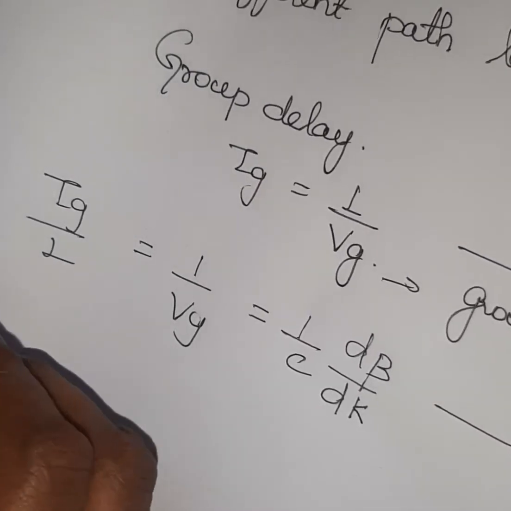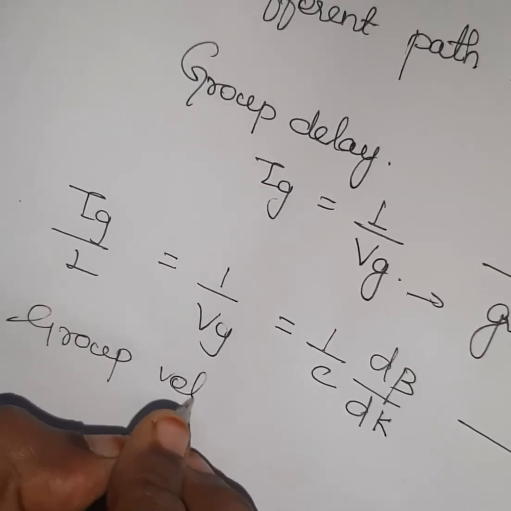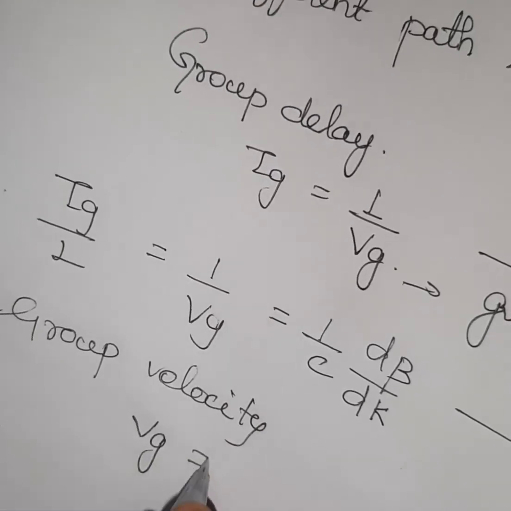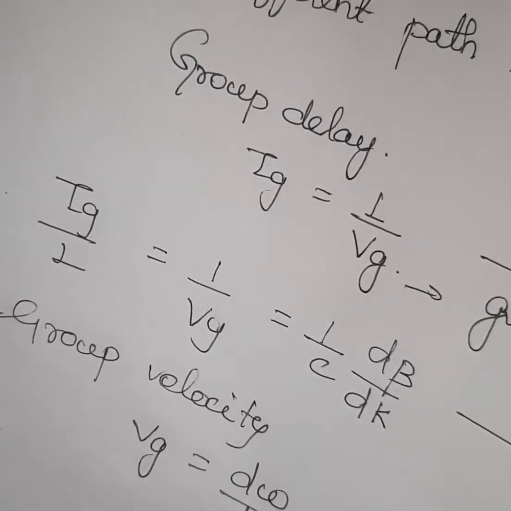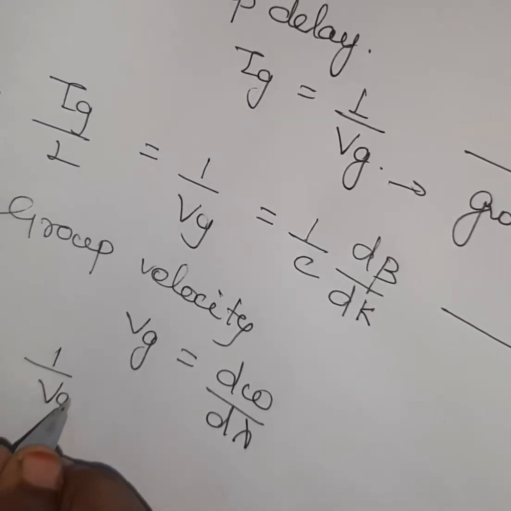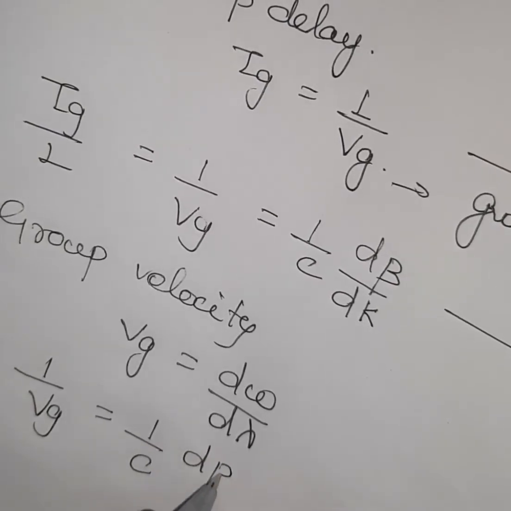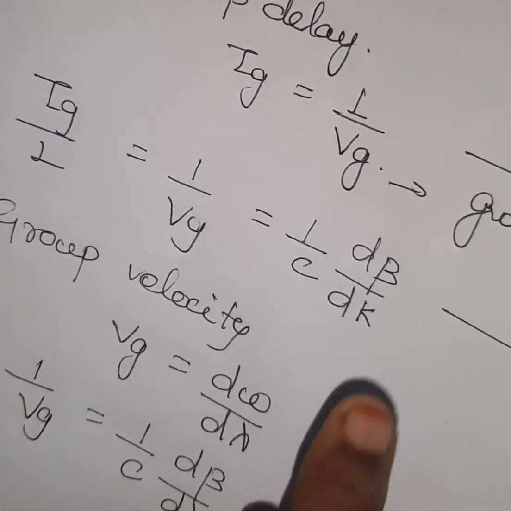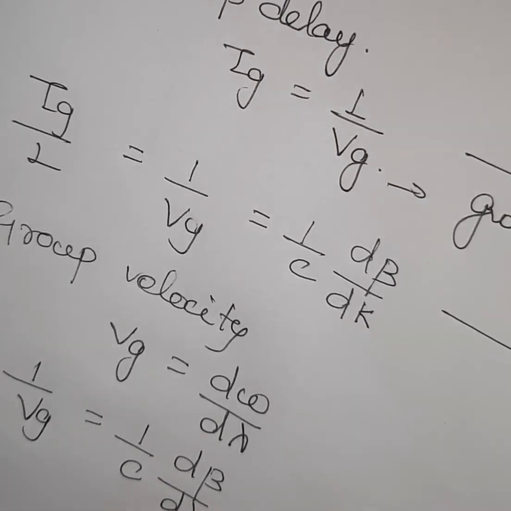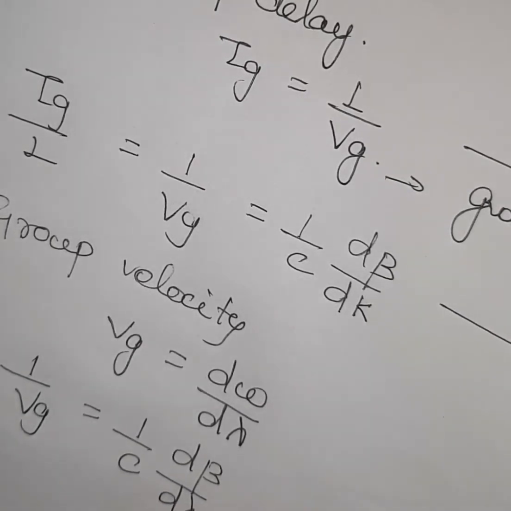So now normally the group velocity is defined as Vg is equal to d omega by d lambda, which gives 1 by Vg is equal to 1 by C into d beta by d lambda. We have substituted here, correct? 1 by Vg is equal to 1 by C into d beta by dk value.